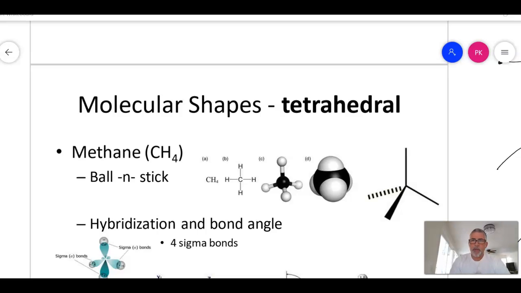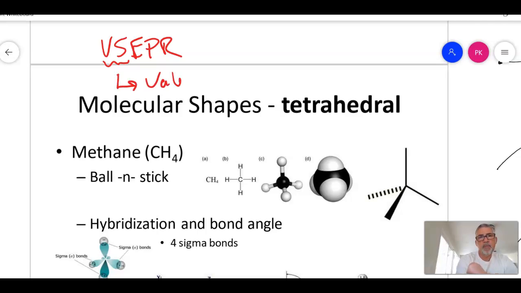All right, so I want to go over molecular shapes with you a bit. So remember that molecular shapes are based on the VSEPR model, and the VS stands for valence shell.